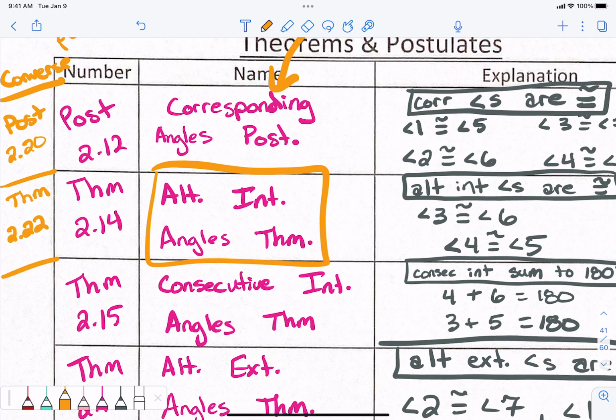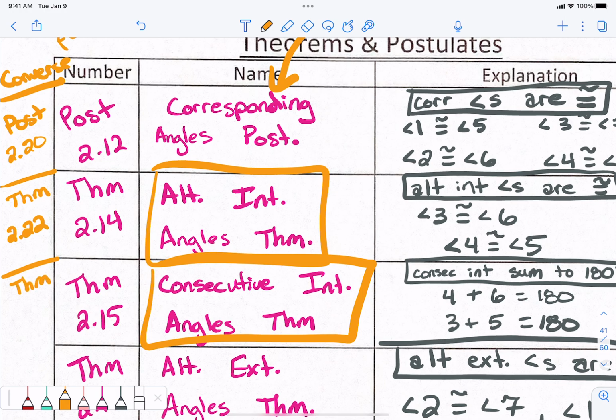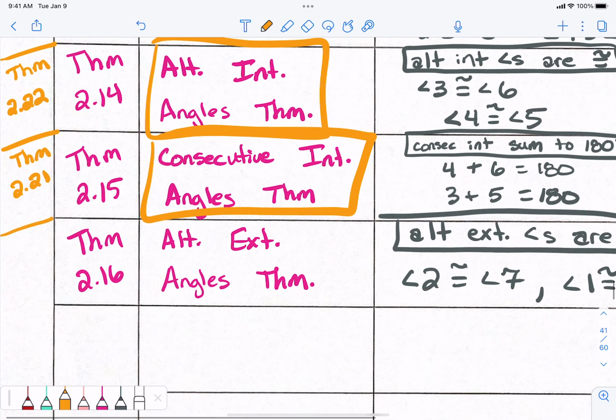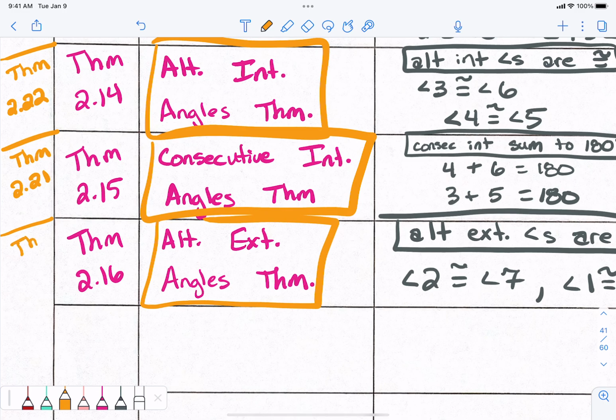What's the converse of consecutive interior? 221. They're not going in order, but that's fine. We'll just list them the way they're supposed to go. And then alternate exterior. The converse of that is it 223? Theorem 220. Okay, so those are the converses.